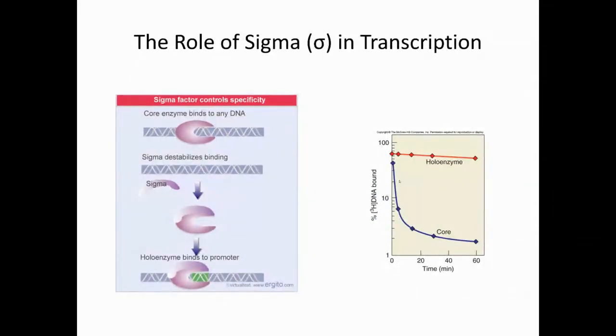This shows you the role of the sigma factor in transcription, because it can induce a major change in the affinity of the RNA polymerase for the DNA. When it binds and becomes the holoenzyme, it changes the RNA polymerase affinity, and it only recognizes those specific promoter sequences -10, -35.